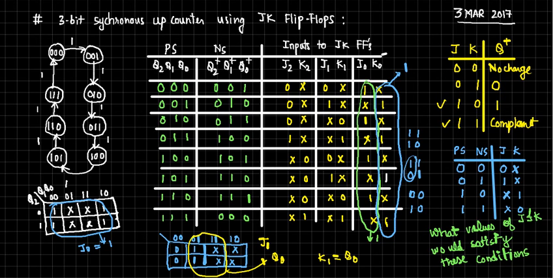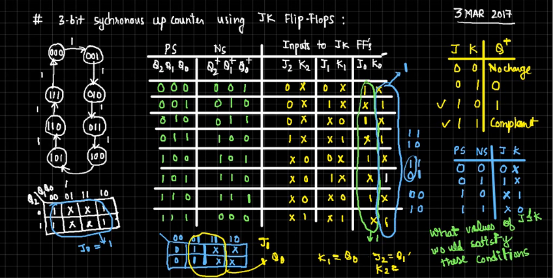And tell me about J2, K2. Q1, Q0. So J2 is Q1 and K2 is this. Okay? Correct? J2 is Q1, sure?